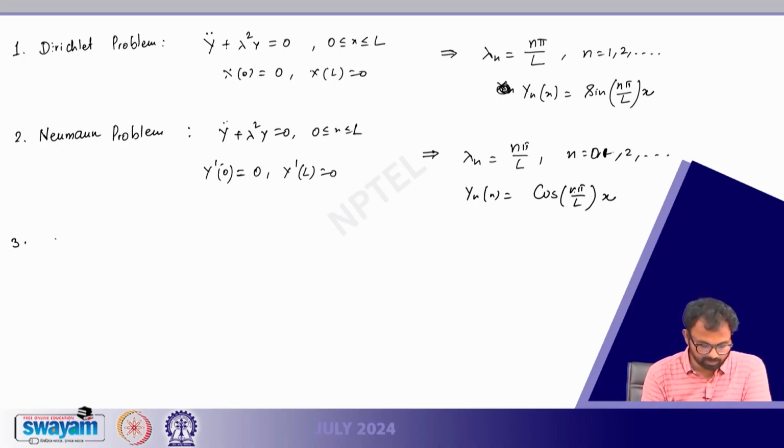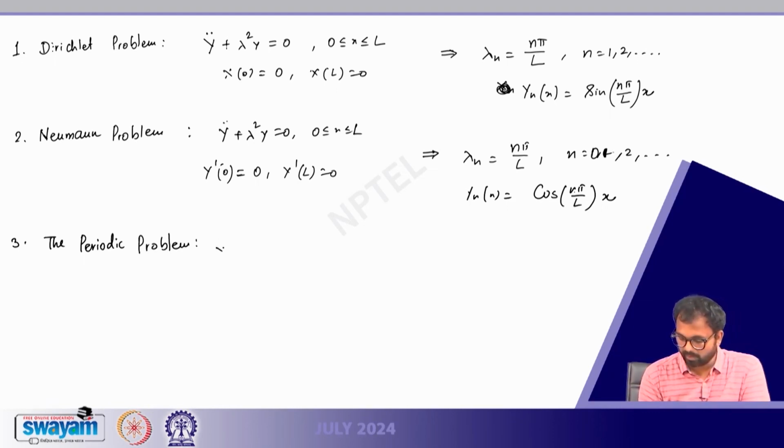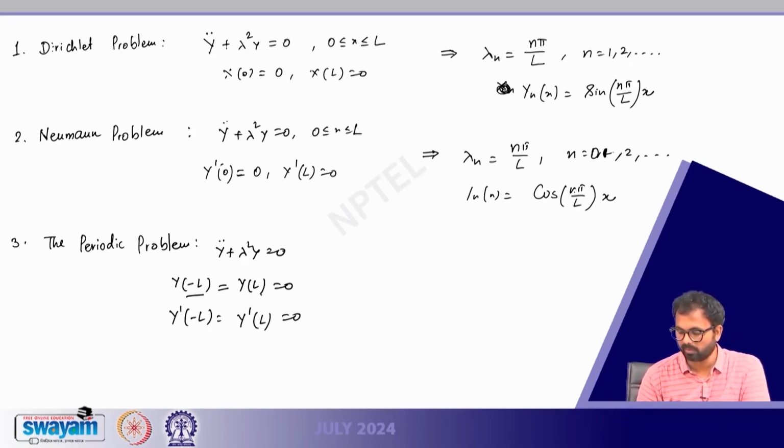Alright, now the third could be the periodic boundary condition. This also we talked about, the periodic boundary value problem. Here we will have y double dash plus lambda square y equals 0, and y at minus L and y at plus L are equal, and y dash at minus L and y dash at plus L are also equal. So this is like a periodicity condition.